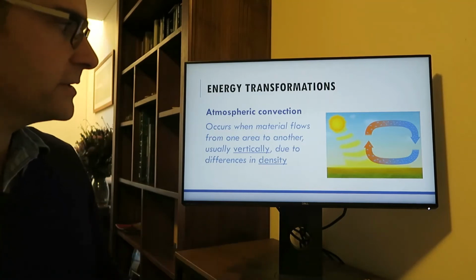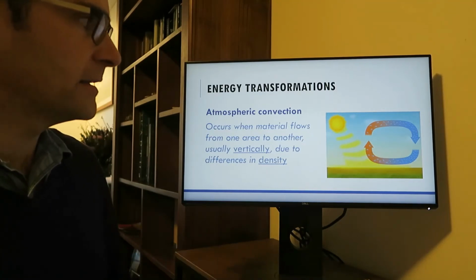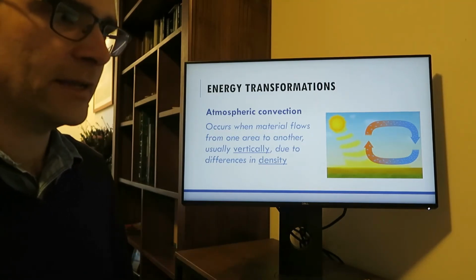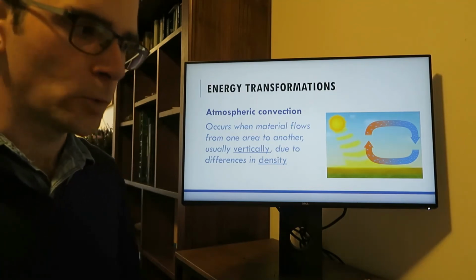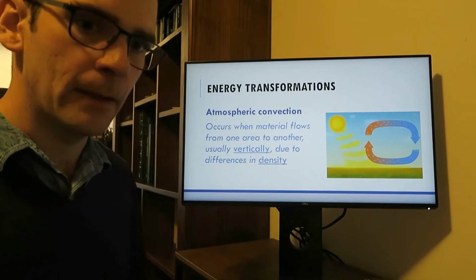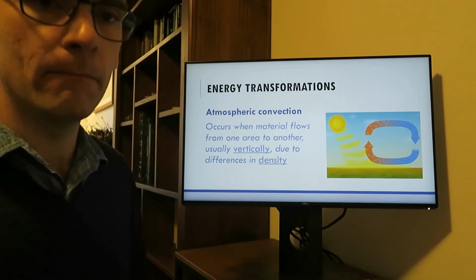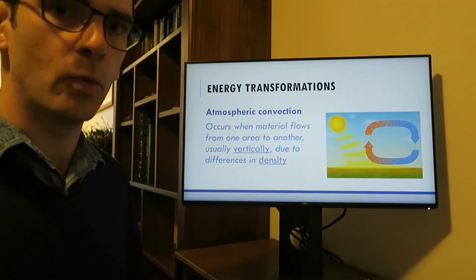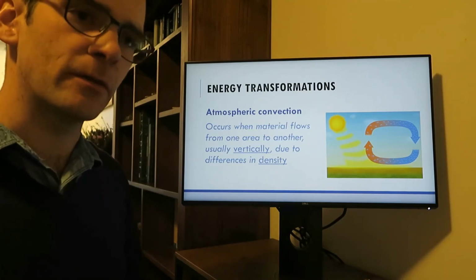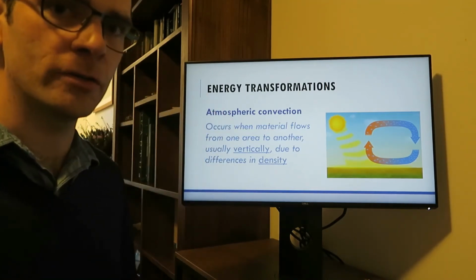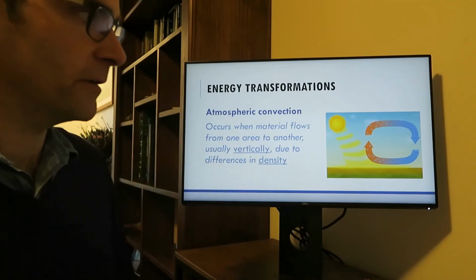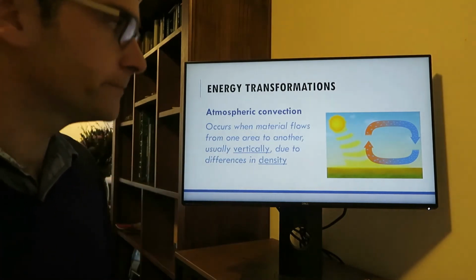So again, just referring to this idea of atmospheric convection. Similar to our oceanographic convection, the cooler molecules are more dense, so they sink to the bottom of the ocean, starting this oceanographic conveyor belt.